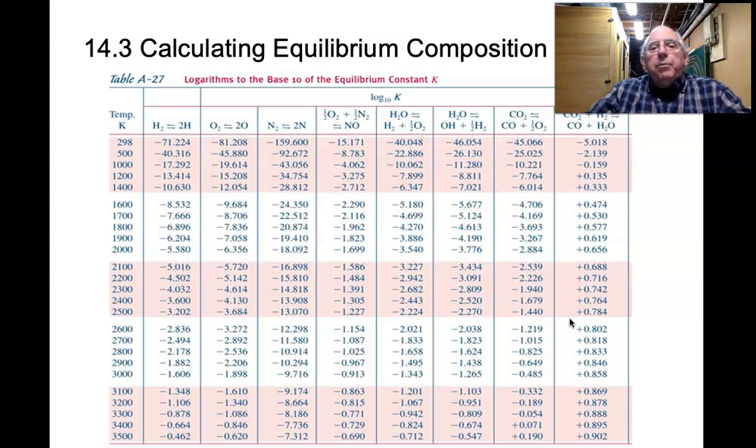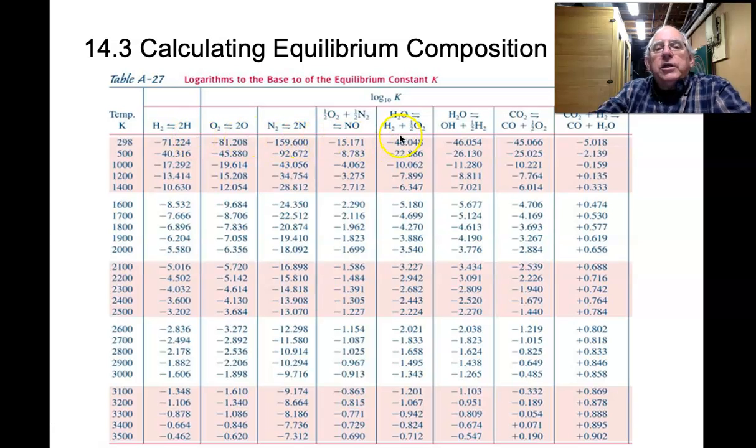So as an example, in our textbook we have a table, and the table lists various reactions. Here you can see some of the reactions that are considered. Here's one that is water reacting to form H2 and 1/2 O2. It actually is the reverse of the reaction that we saw before.